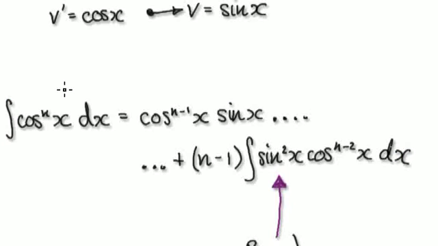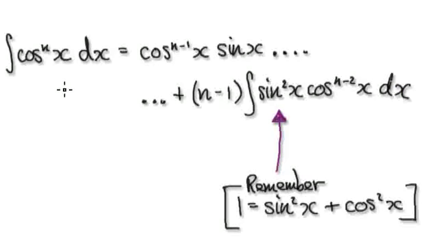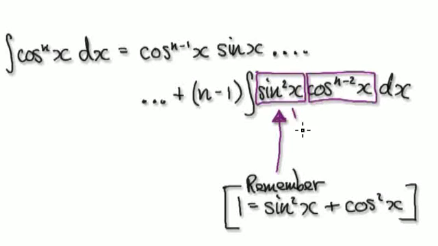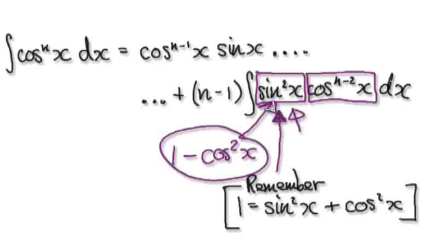Now looking at this, here you've got one block multiplying with another block here. Remember that one equals sine squared plus cos squared. So we can put 1 minus cos squared of x into this thing here.